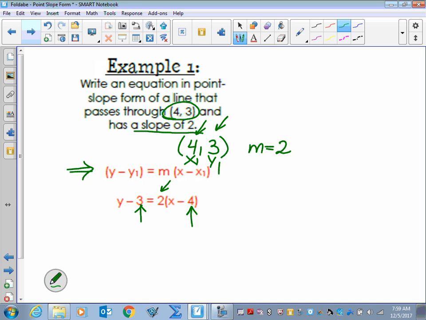You don't solve for y, because if you solve for y, you put it into another form. Okay, you leave it right there. Okay, so it's just a matter of dropping those numbers where they're supposed to go. Does that seem easy? Because you don't even have to solve it from there. Because if you start moving things around and start distributing and all of that, you're taking it out of point-slope form. Right?